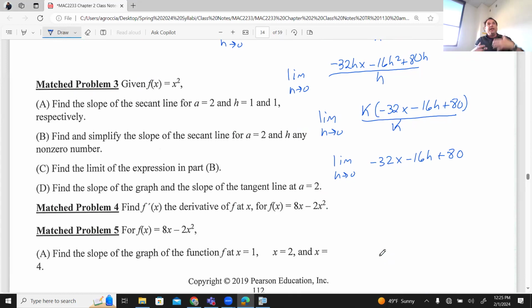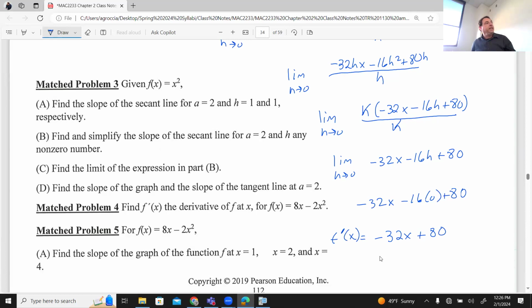And since you've cleaned it up and simplified all that, now we can actually plug in 0 for h. So notice I stop writing limit as h approaches 0 when you can actually plug in 0 for h. And then you end up with your final answer, negative 32x plus 80. And what is that? That is your derivative function.